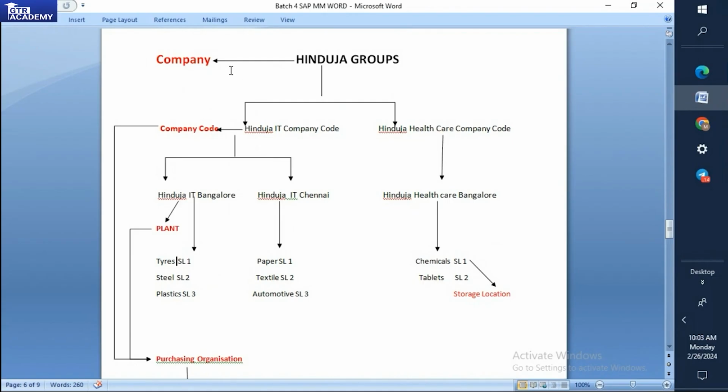Don't miss out company code, plant, and then storage locations. Once you're done, tell me and we'll go to the next one.